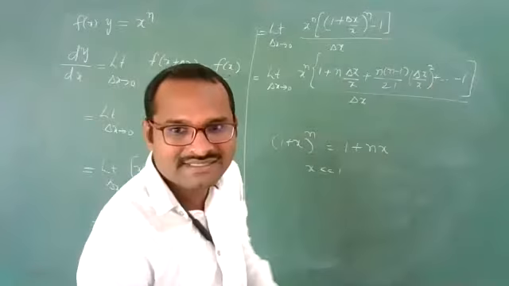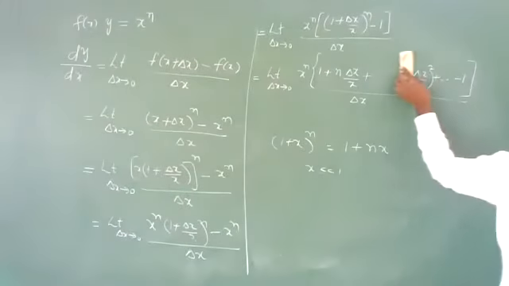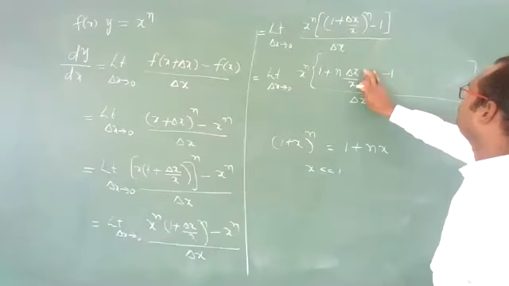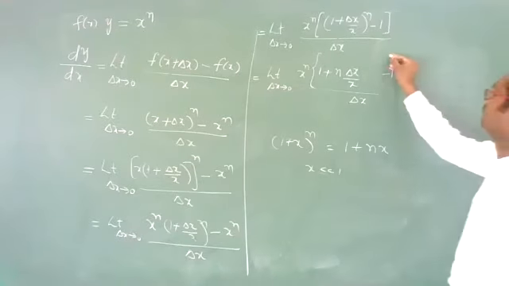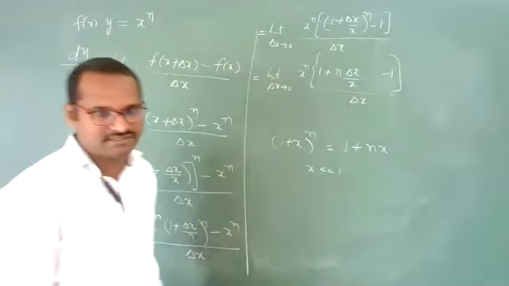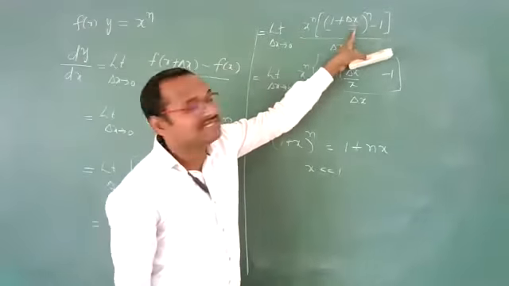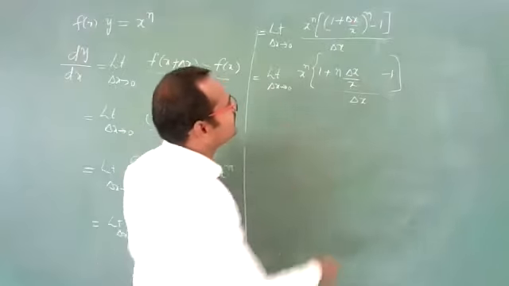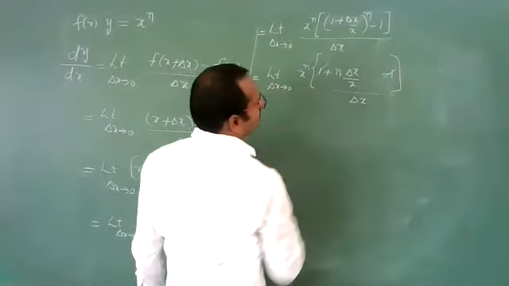Simply neglect them. Is it clear? If you neglect higher order terms, because delta x by x is very small, then plus 1 and minus 1 cancel.